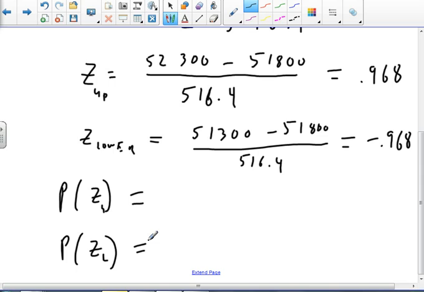So I'll go with 0.97, which gives 0.834 for the upper z value, and 0.166 for the lower z value.